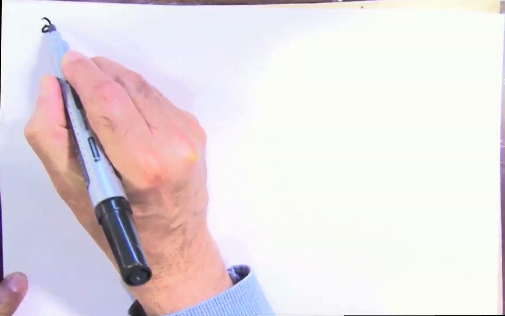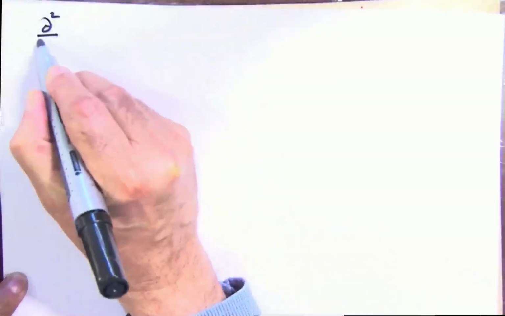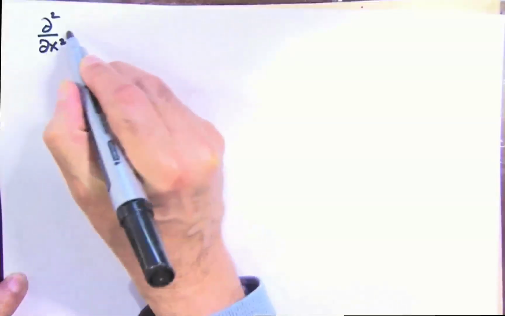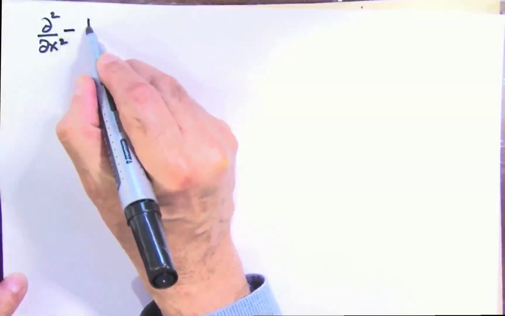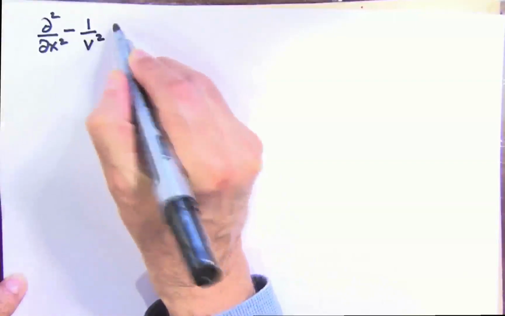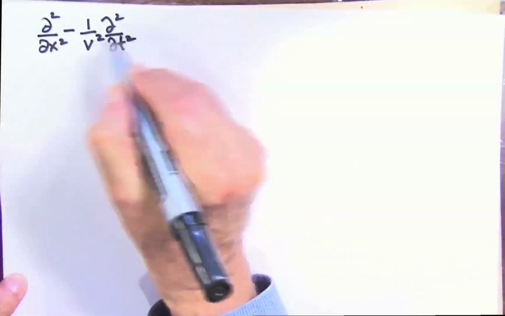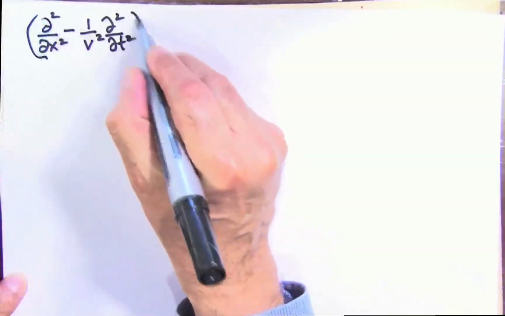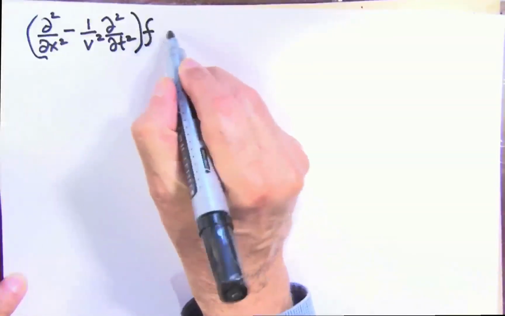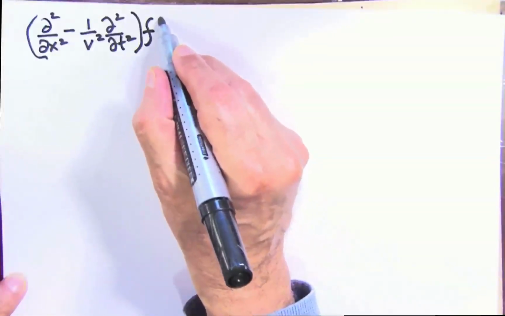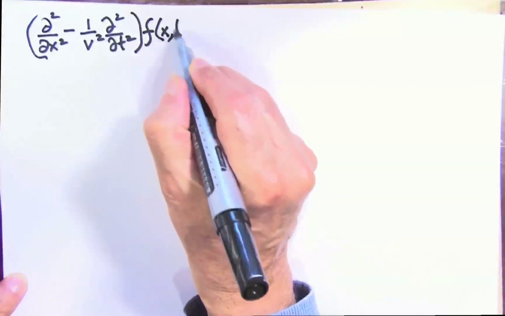So here is the wave equation. It's a partial differential equation: d2/dx2 minus 1 over v squared d2/dt2. And if f is a solution, well, then it's got to be a function of x and t, of course.